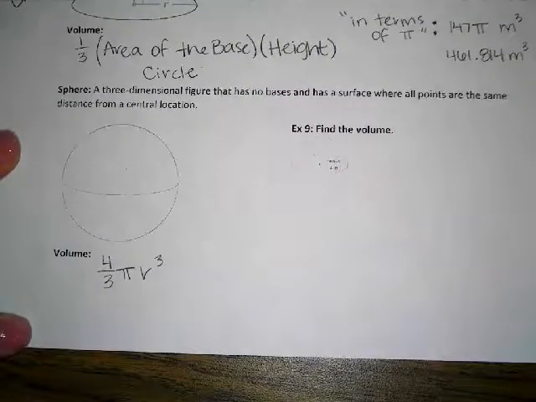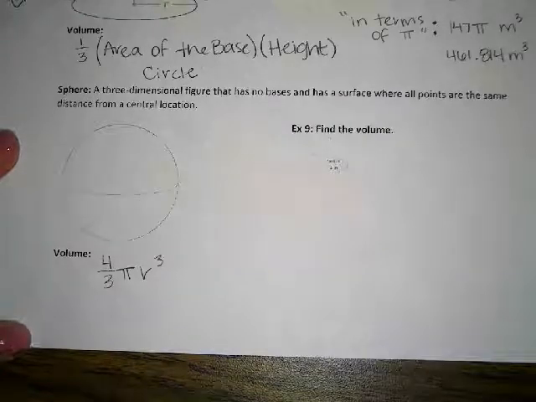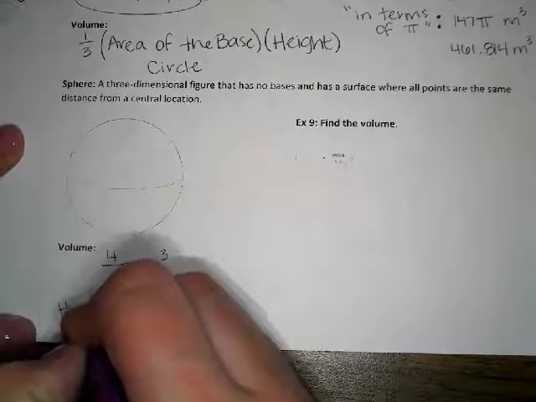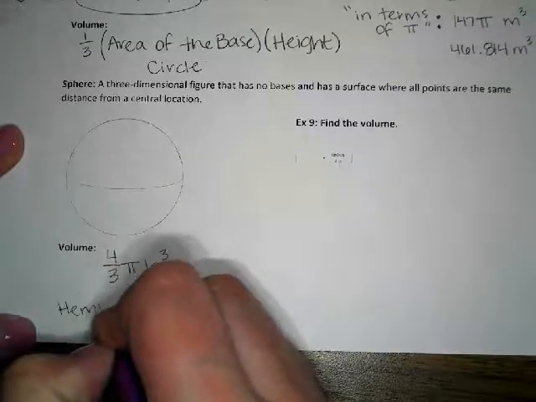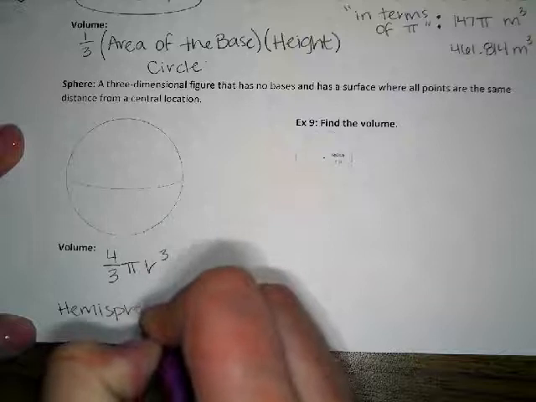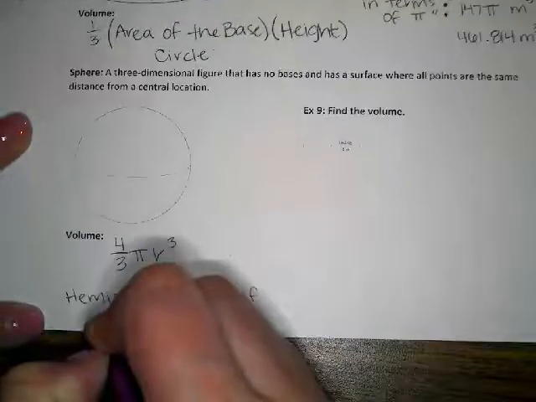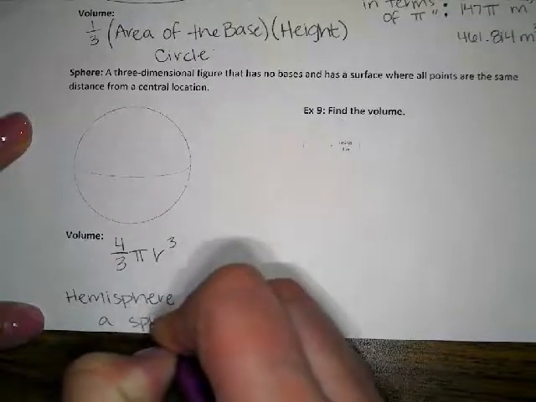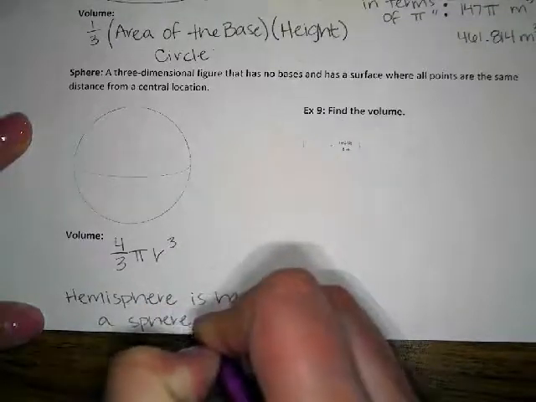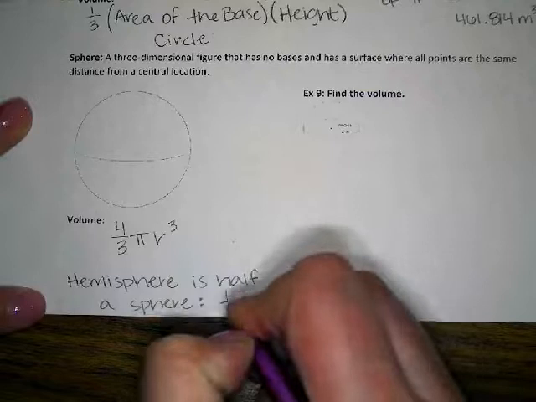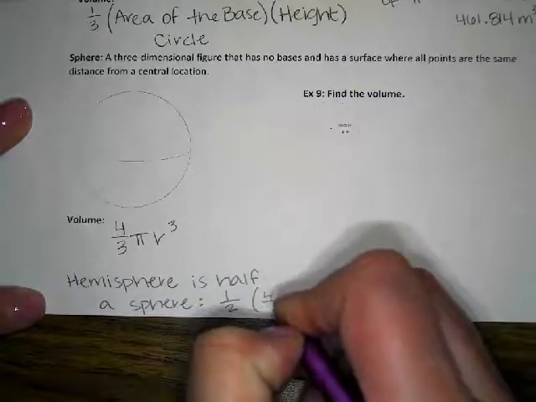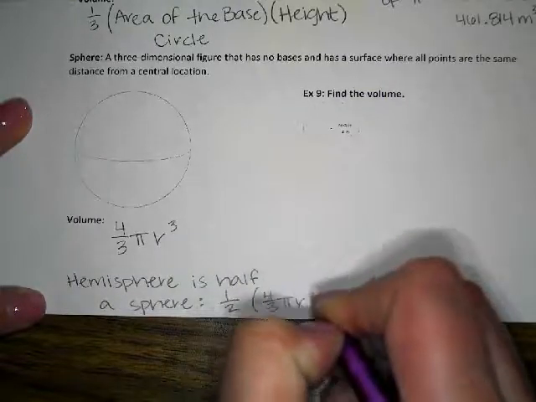How many people have heard of the word hemisphere? Hemisphere is half a sphere, okay? So hemisphere is half a sphere, which means you're going to do 1/2 times 4/3 pi r cubed. Okay?